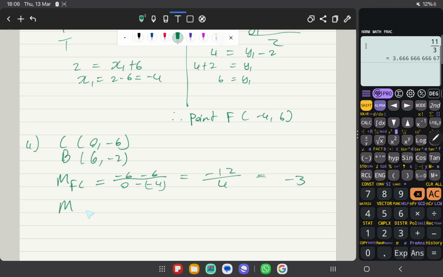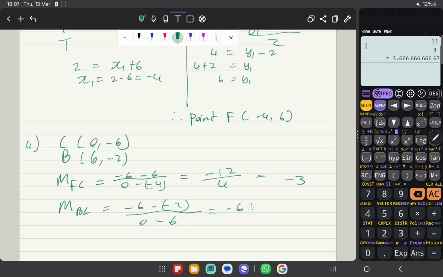Then I calculate the gradient of BC. It's going to be minus 6 minus minus 2 over 0 minus 6.